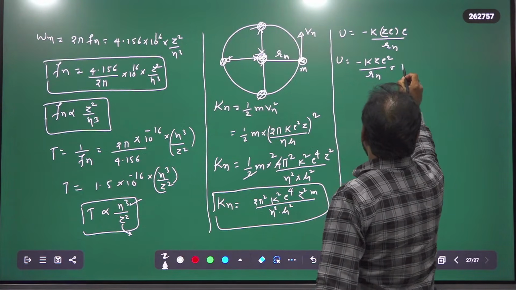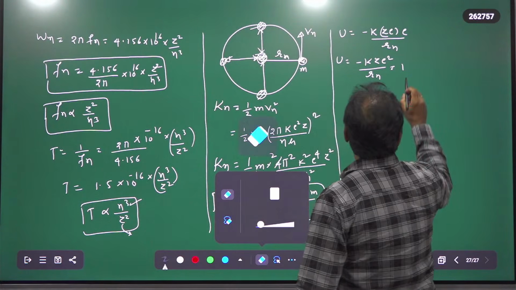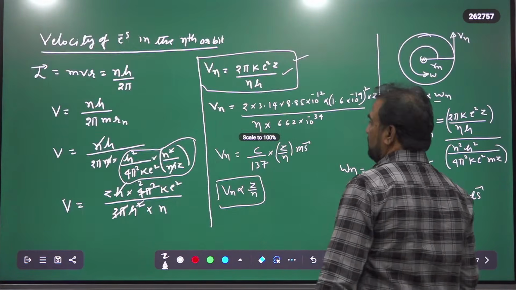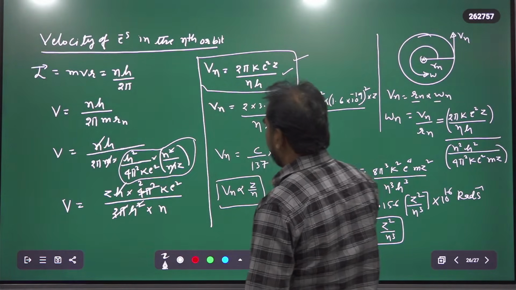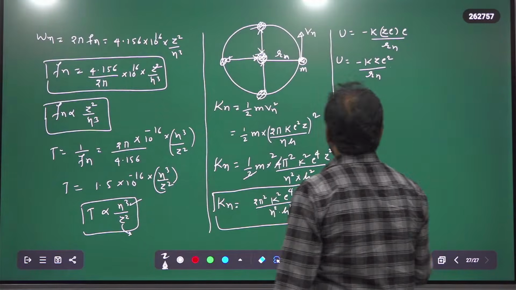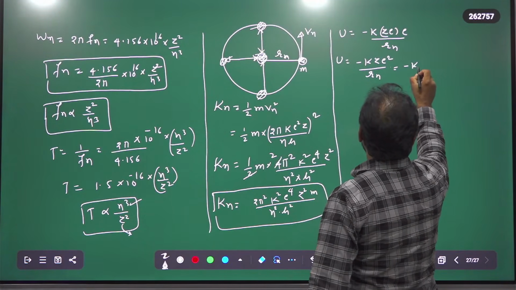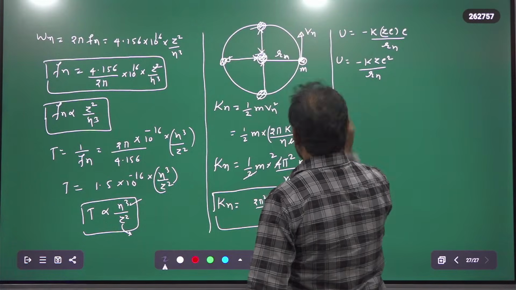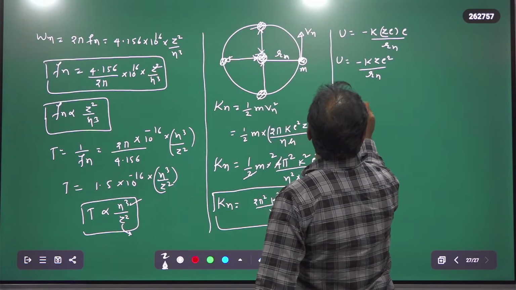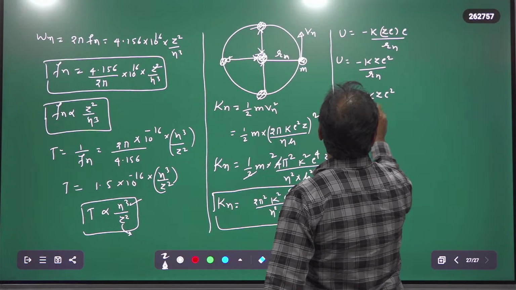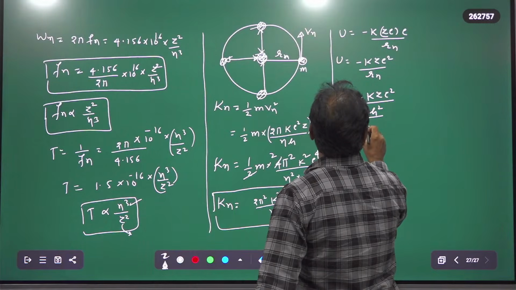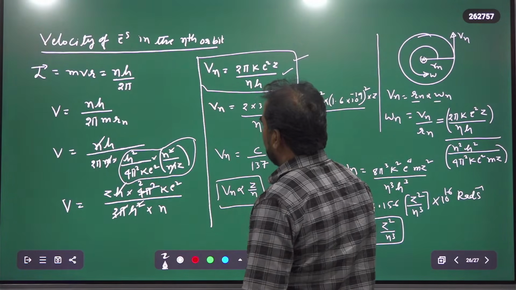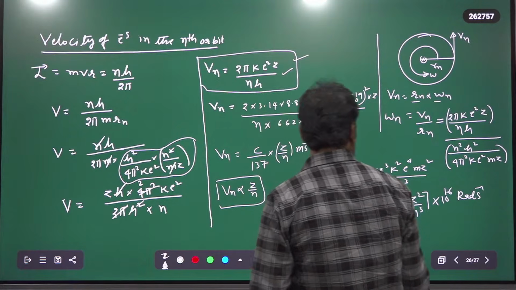That is equal to minus k Z e square upon Rn, where Rn value is h square upon 4 pi square k e square into n square by mZ.